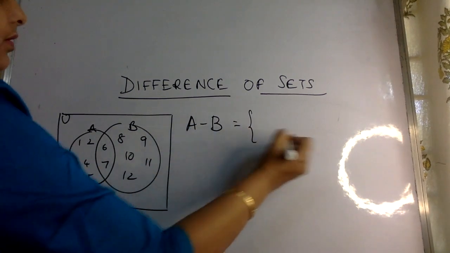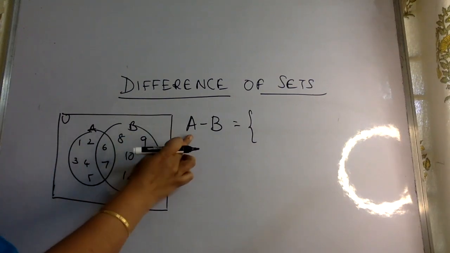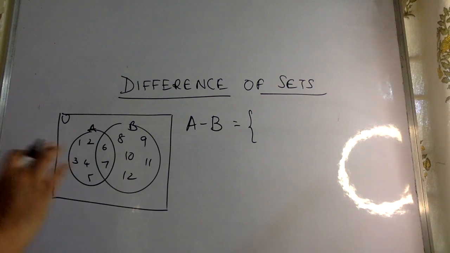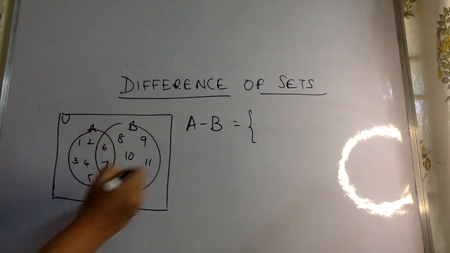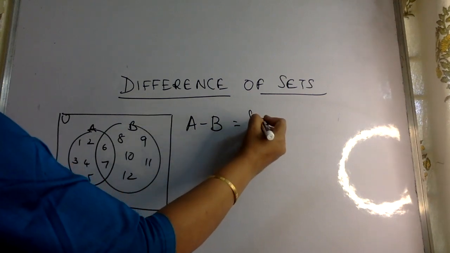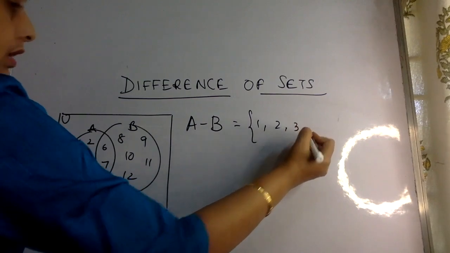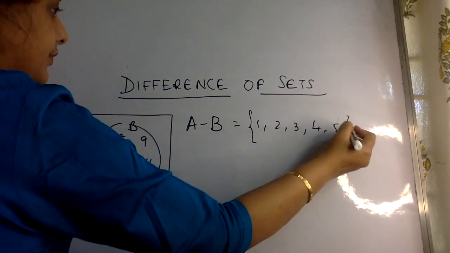So here we start with difference. Difference means from the set A, take out each and every element which is present in set B also. So we have to completely cut out, and this is my difference of set: 1, 2, 3, 4, 5.